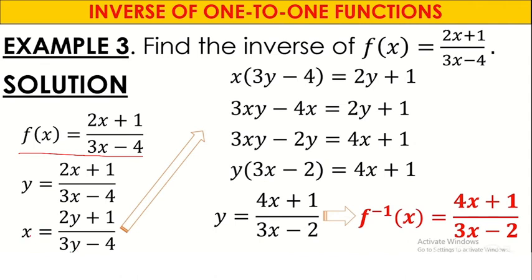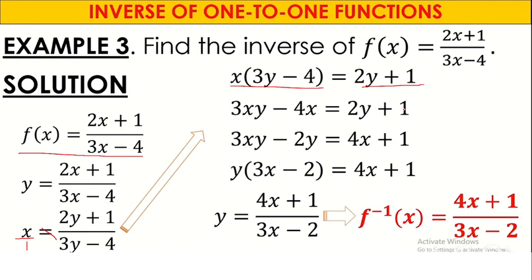Okay? So after that, 'di ba, kunin natin yung the y terms natin diyan or the solution of y. Okay? Cross multiply lang. Pag ganito po, pag meron siyang proportion, so cross multiply mo lang. So x times 3y minus 4, so yan. Next, y times 2y plus 1, so ito po.